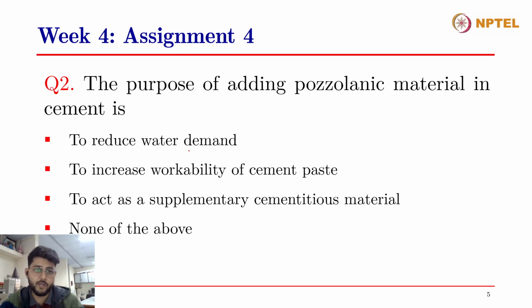Moving on to the second question: the purpose of adding pozzolanic material in cement is, and the options given are to reduce water demand, to increase workability of cement paste, to act as a supplementary cementitious material, or none of the above. Which of these options is correct with respect to adding pozzolanic materials in cement? Can anyone try?